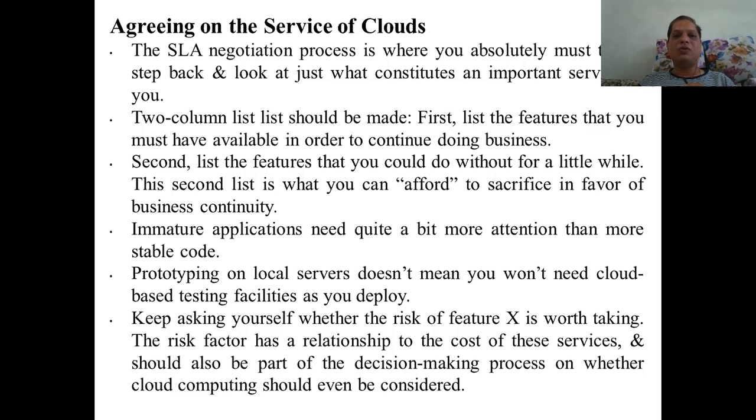So this second list is what you can afford to sacrifice in favor of business continuity. You should identify the weak points of your business, and that should go in the first list, and there are some strong points of your business that you should put in the second list. Strong being where you can still afford to continue business even if the service is lesser.